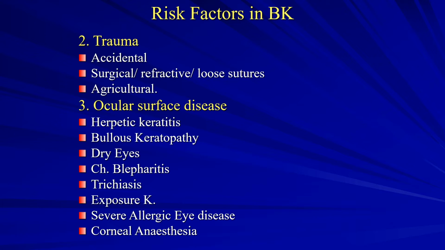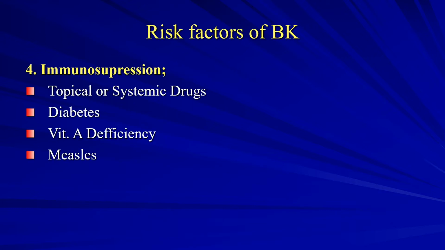It is also more common when there is an ocular surface disease like herpetic keratitis, bullous keratopathy, dry eyes, chronic blepharitis, trichiasis, exposure keratopathy, severe allergic eye disease, or corneal anesthesia. It is more common in immunosuppressed individuals who are on topical or systemic drugs, or having diabetes or vitamin A deficiency. It is more common in patients with measles.